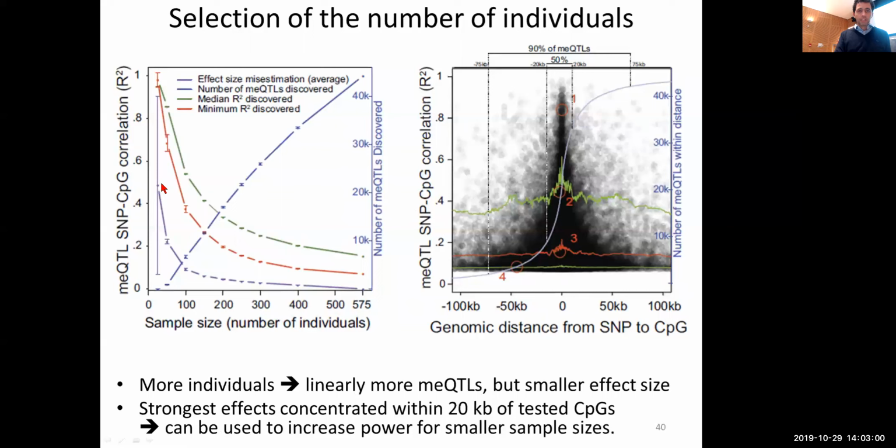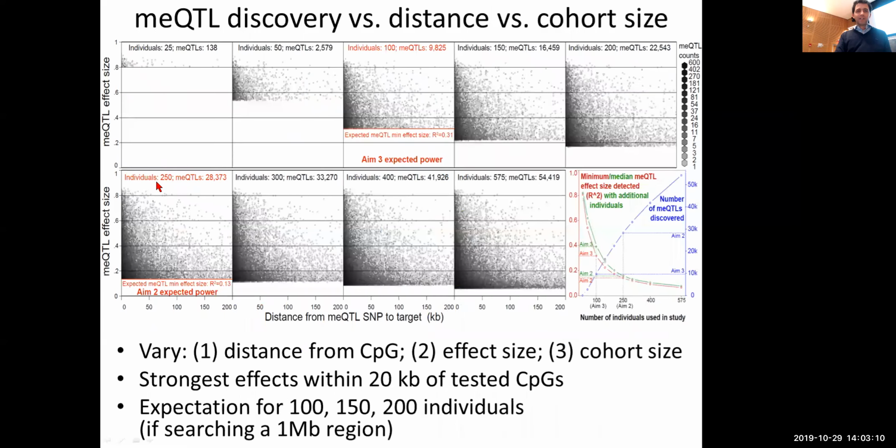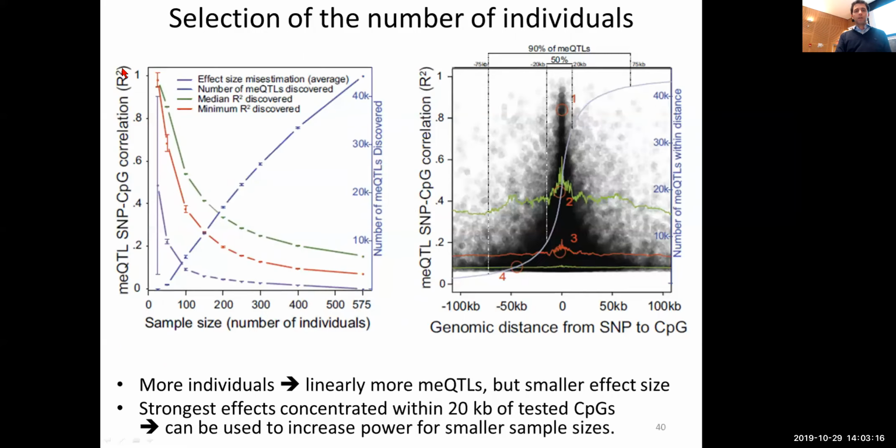Namely, you can ask, how much did I misestimate the effect of that QTL? If my predicted effect was, I don't know, 0.85 or something like that, then my average misestimation is about 0.5. That's as bad as it gets, and the confidence intervals on that are again abysmal.